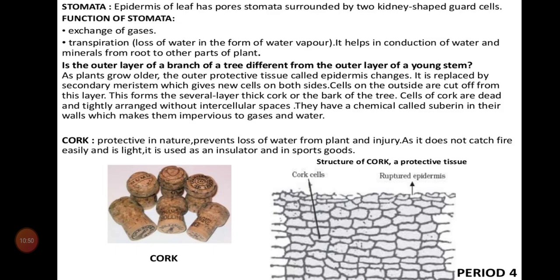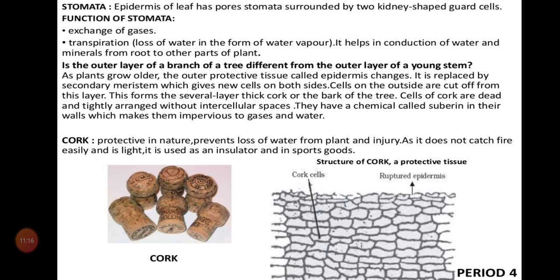And here, normally, what is the role of stomata, children? We have learned in lower classes, no? The role of stomata is to exchange gases, and also some amount of water molecules will go out through the stomata, because if an opening is there, some transpiration also takes place, and exchange of gases takes place through the stomata.